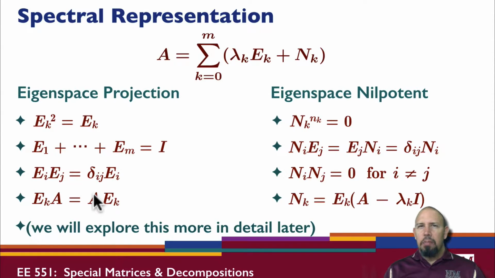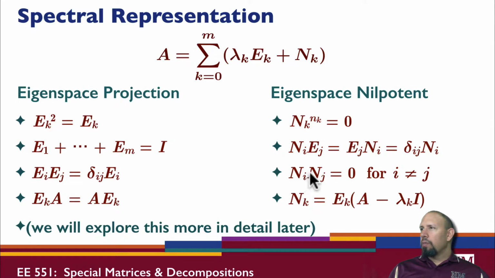So notice that in general, matrices do not commute. So whenever you see matrices that commute, you know there's a special relationship between the two. And it turns out that the E's can be written in terms of a polynomial in A. And so that's why they commute. The nilpotent matrices satisfy this relationship. They're all nilpotent. If I multiply the nilpotent matrix times a projection, I get either 0 or the nilpotent matrix back.